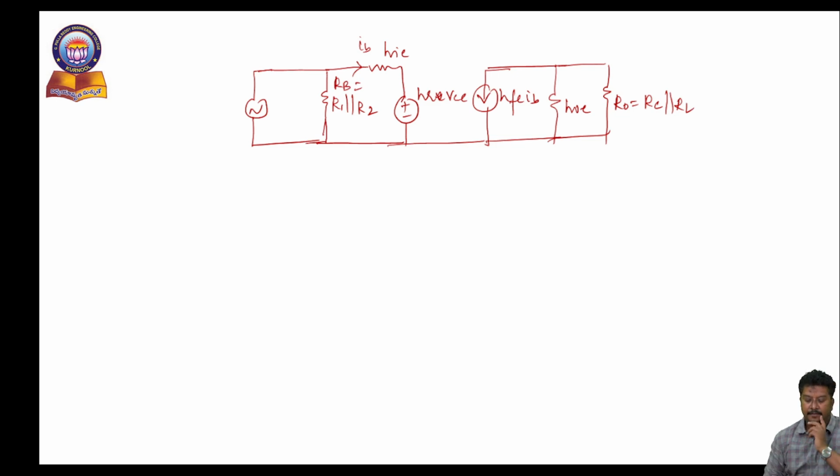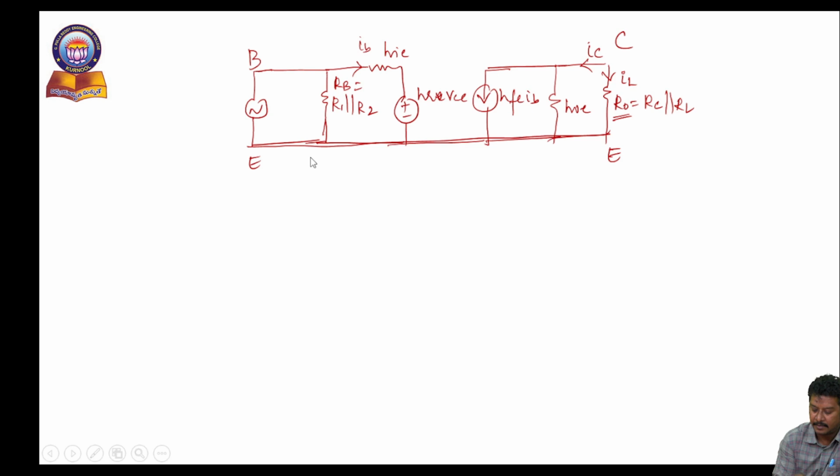If you carefully observe here, this is the output current IL going across R0, and this is the IC current that we are achieving. The base is input and the output is collector, whereas the emitter is common, which is grounded. The emitter is common between input and output side.